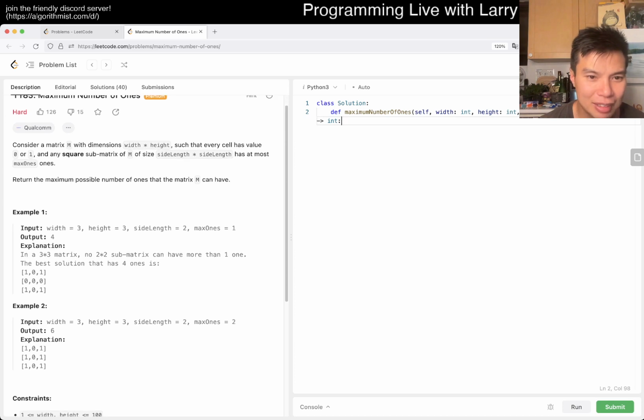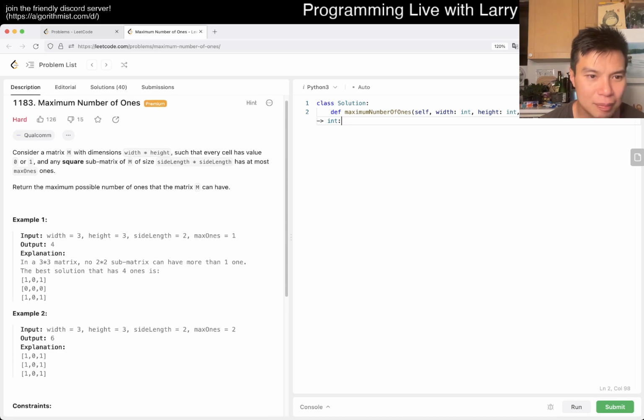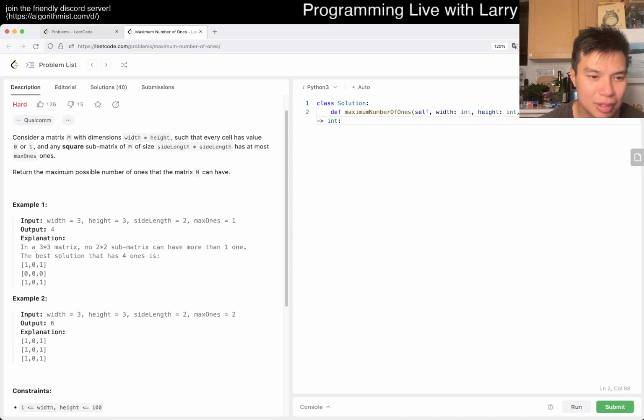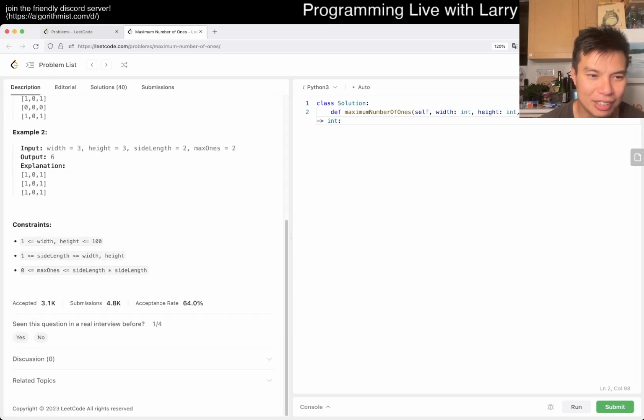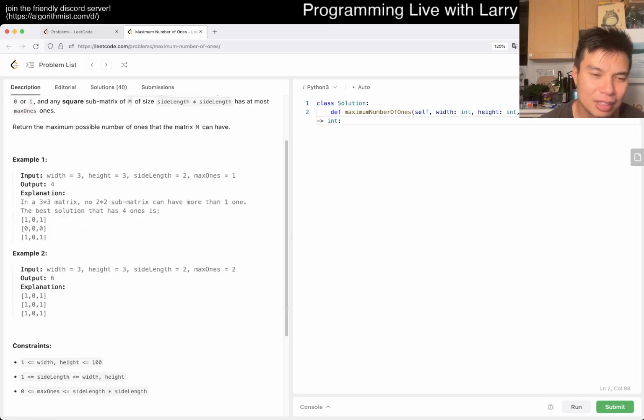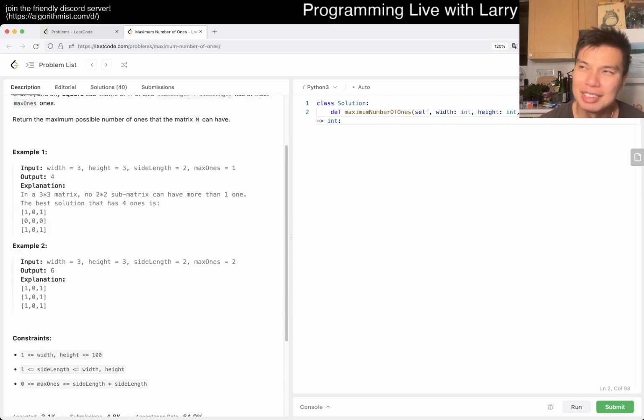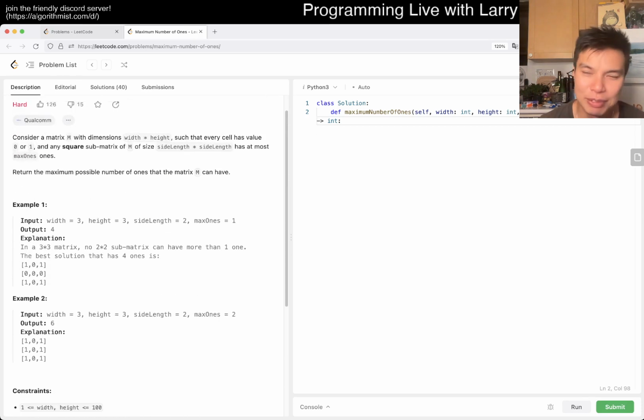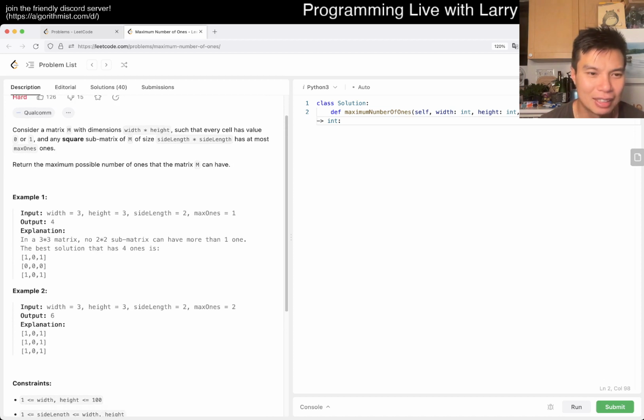What does that mean? Let's see. I think I have trouble understanding this, but look at the constraints real quickly. It's small enough that 100 to the fourth is going to be too slow, so no brute force. But beyond that, let's see.